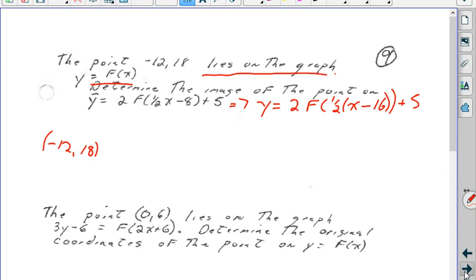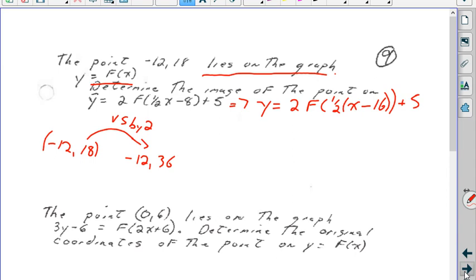So what's the first transformation that you want to do, Aurora? Okay, so we're going to vertically stretch this by 2 to give me my point, -12, -12/36.